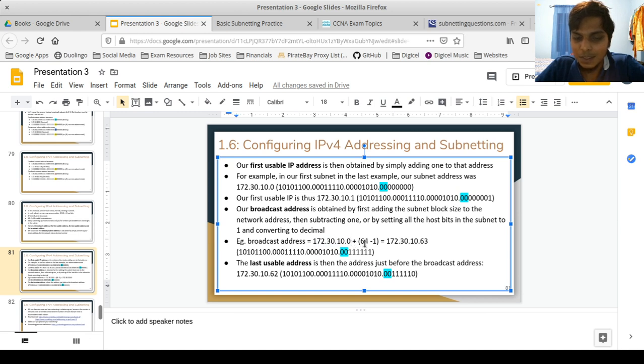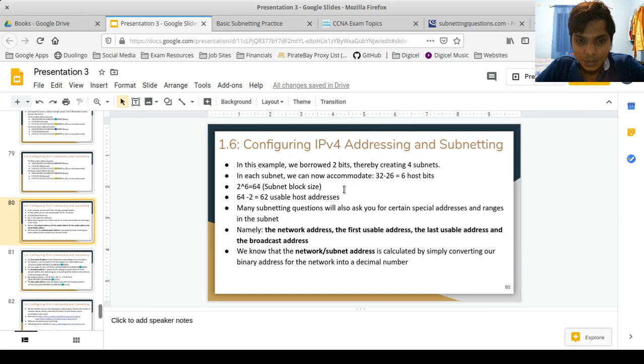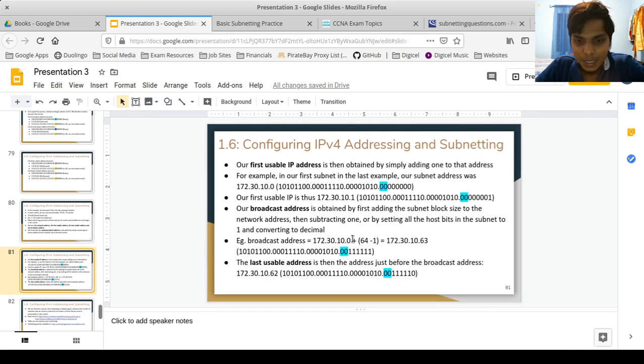We add the block size to it, which was 64 in this case, and then we subtract 1, which is 63. So you see 10.63. But the binary way to do it is to leave our 2 borrowed bits and our whole network portion the way they are, and set all the host bits to be 1.